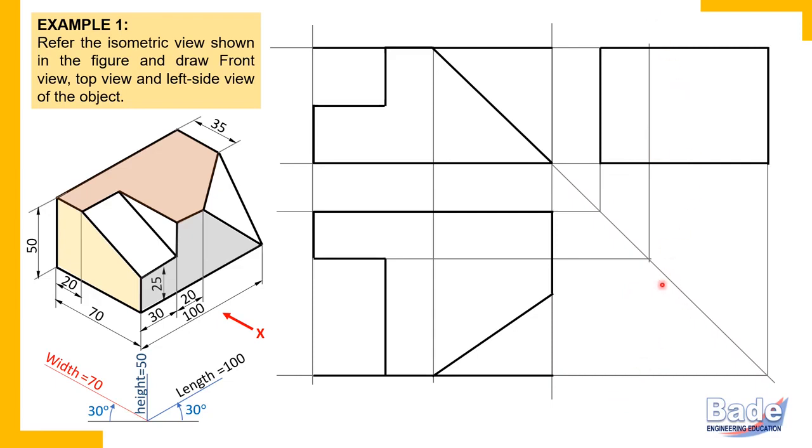It's your choice. But remember, for smaller details, I avoid drawing such projectors because you can easily measure 20 millimeters here. So from back at top, measure 20 millimeters. This edge is 20 millimeter long, parallel to width.